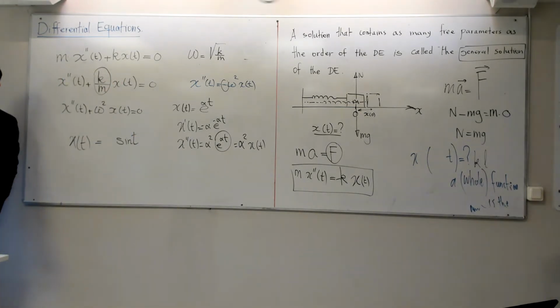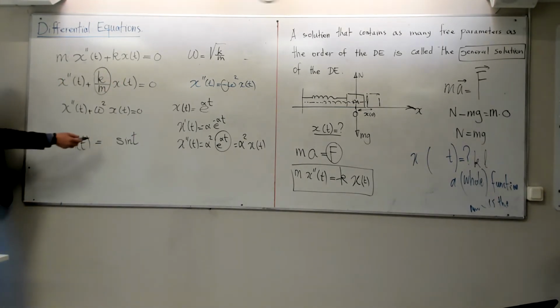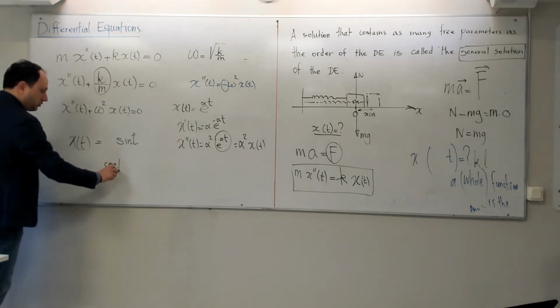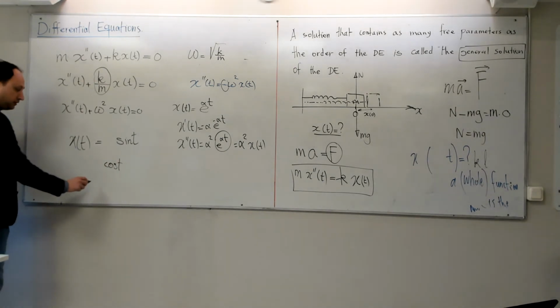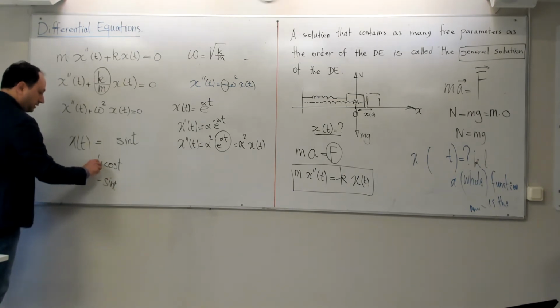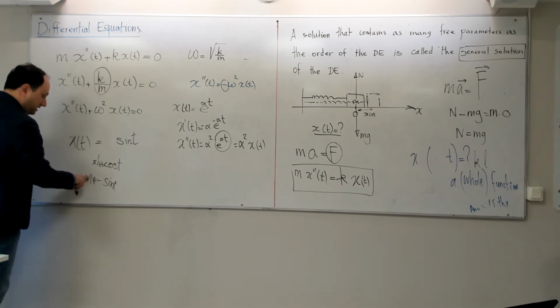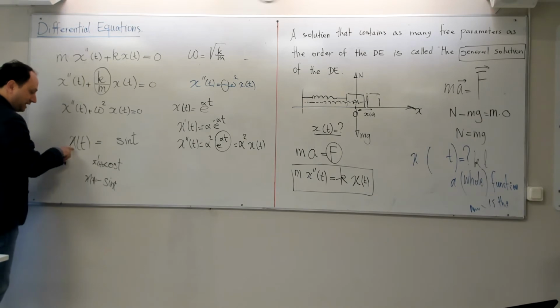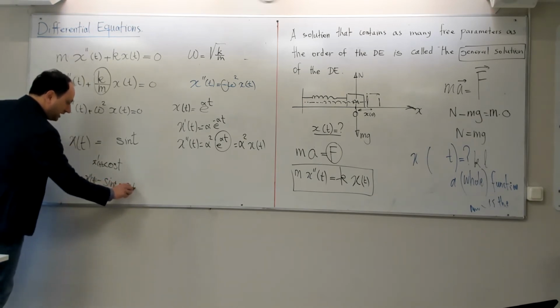For example, I'm probably confusing. Do you think sine t is good? Let us do that. Take one derivative, it becomes cosine t. Take another derivative, it becomes minus sine t. So this is x prime, and this is x double prime. But what can I write? X double prime is minus sine t, which is x, so what I get is minus x.